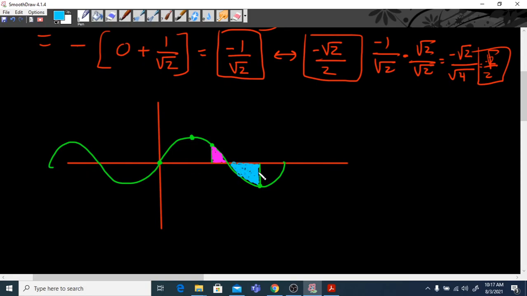And as you can see visually, this region below the x-axis actually has more area than the purplish pink one here.